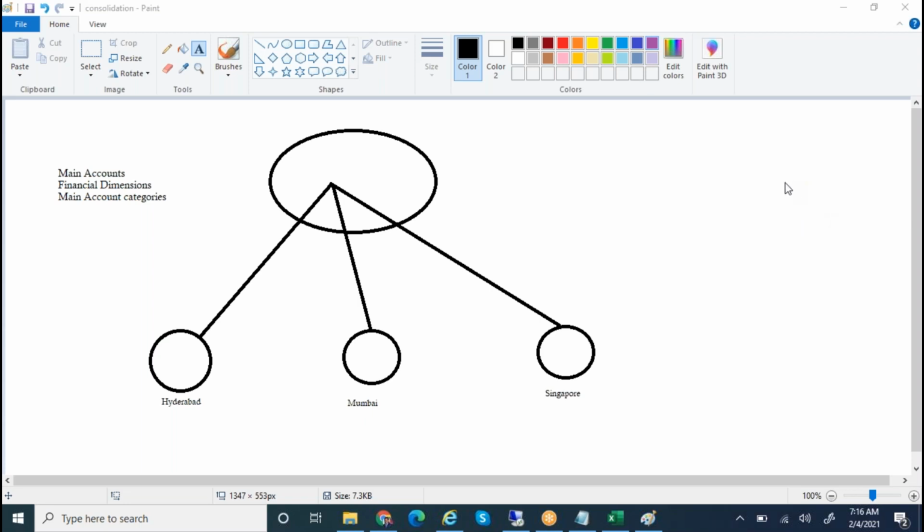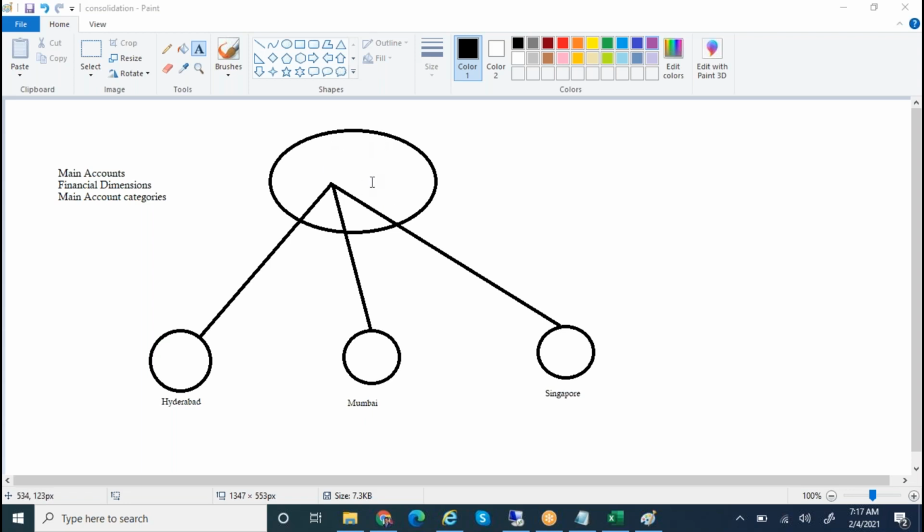So the main company, what you're saying, is also one of the legal entities? Yeah, exactly. This is also another legal entity, and in this legal entity we cannot enter any transaction manually, meaning general transactions like vendor invoice, vendor payment, customer invoice, customer payment.